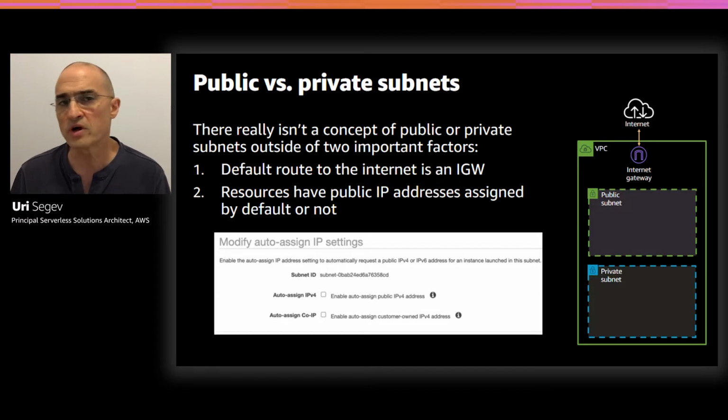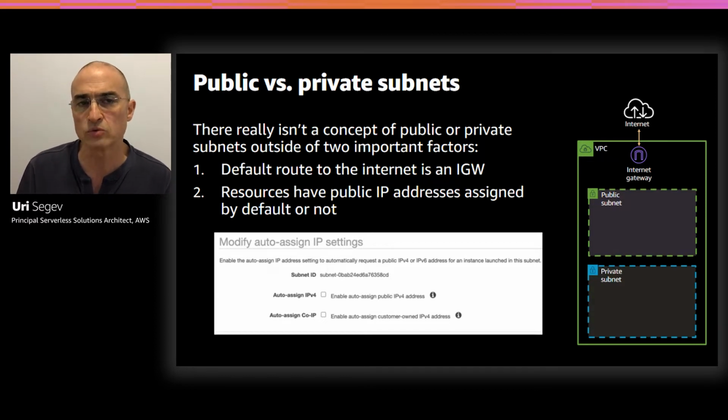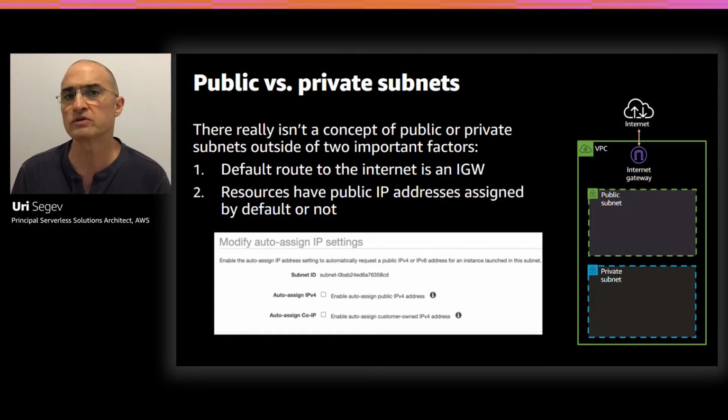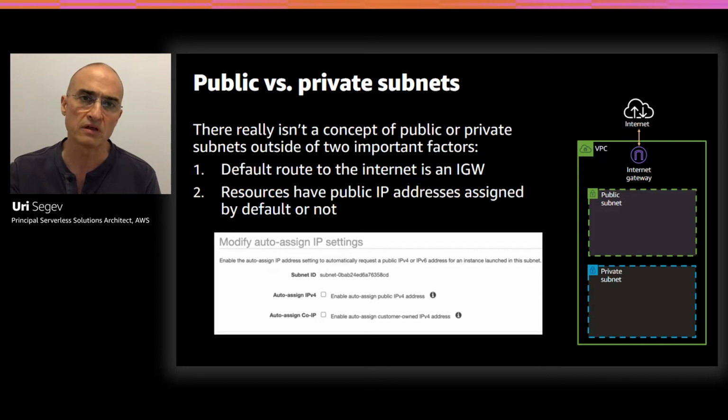It is not enough to have a route to the internet gateway. You also must have public IP addresses assigned to those resources inside your VPC, inside that subnet. In order to be able to communicate with the internet, you must have a public IP address. And it's not the IP address of the VPC.